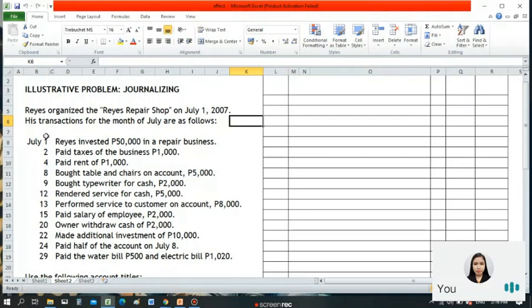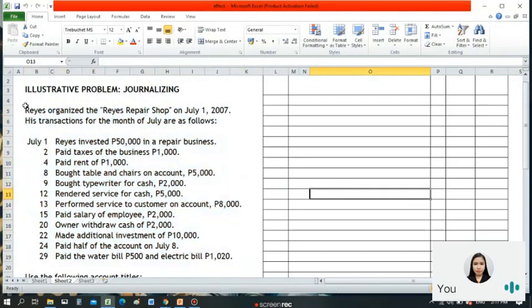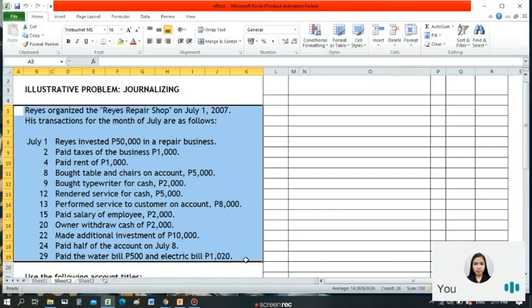His transactions for the month of July are as follows. Our accounting period here is monthly, and that month is July for the year 2007. This is the transaction of Reyes Repair Shop, an example of a service business.